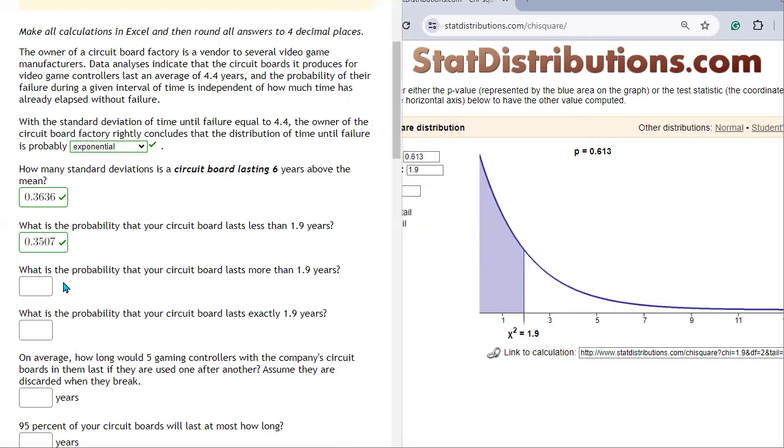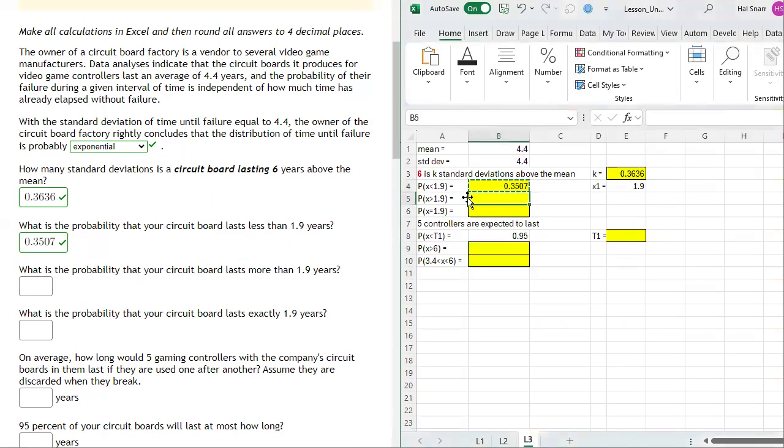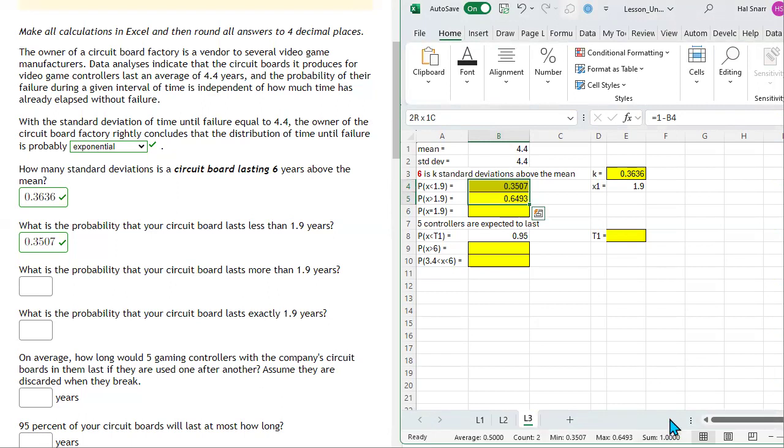You want to calculate the probability that your circuit board lasts more than 1.9 years. Okay, so if this is the probability it lasts less than 1.9 years, the probability that it lasts more than 1.9 years would be 1 minus that value, right? So we type equal 1 minus B4. And notice that these two values added together equal 1, right?